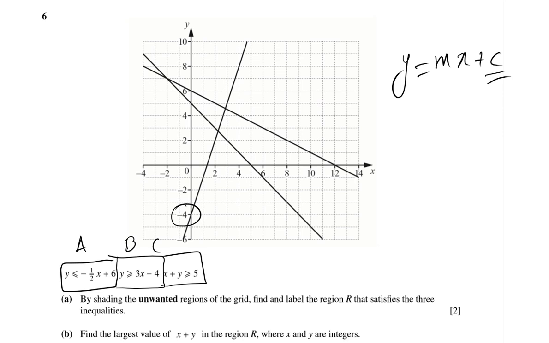So this is the equation where your c is minus 4. So this has to be your line, and line B says that it is pointing towards the greater region. So greater is always on the upper side. So it is pointing towards this direction.